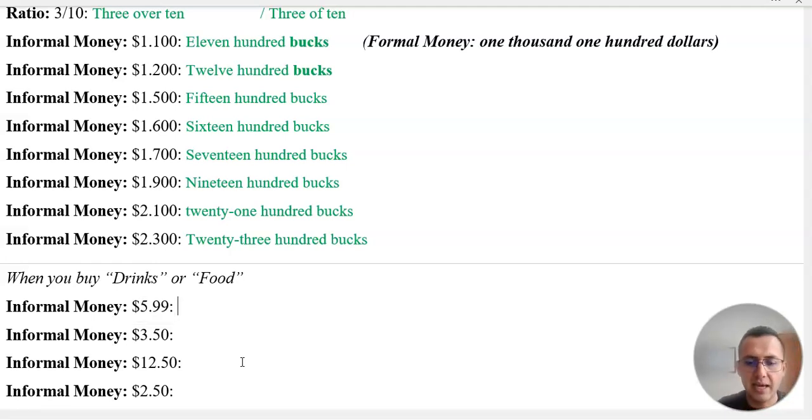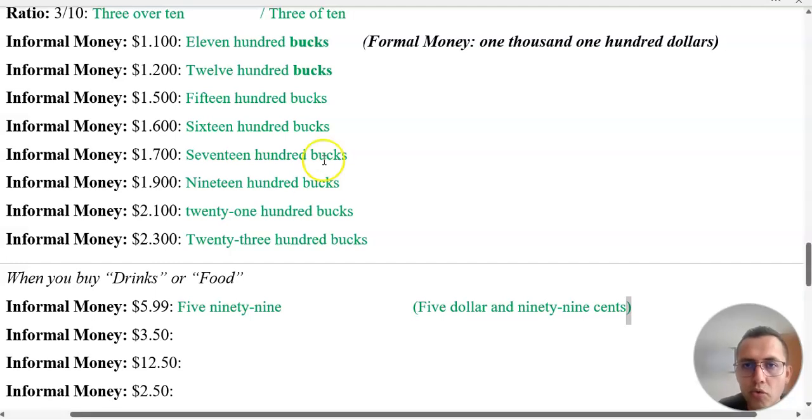$5.99. So, in this case, in formal money, we would say just 5.99. Eso es lo que vamos a escuchar cuando interactuemos con americanos o nativos, por ejemplo en Estados Unidos, y nos mencione este tipo de dinero. Digamos que formalmente, we will say $5.99, 99 cents.